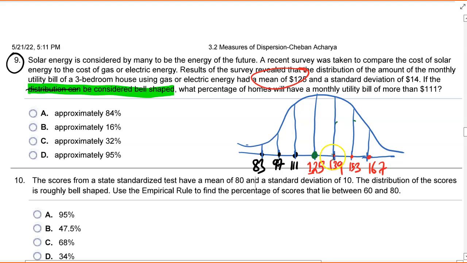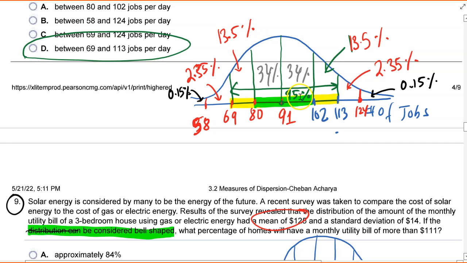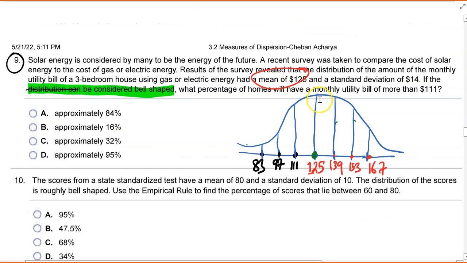Those are the numbers which are what standard deviation above the mean. This is 1 standard deviation above, 2 standard deviations above, and so on. This is 1 standard deviation below, this is 2 standard deviations below, and so on. Let's put the percentage down here. As you remember from the previous problem, you have 34% lies in this box. Therefore, we put 34% here, 34% here.